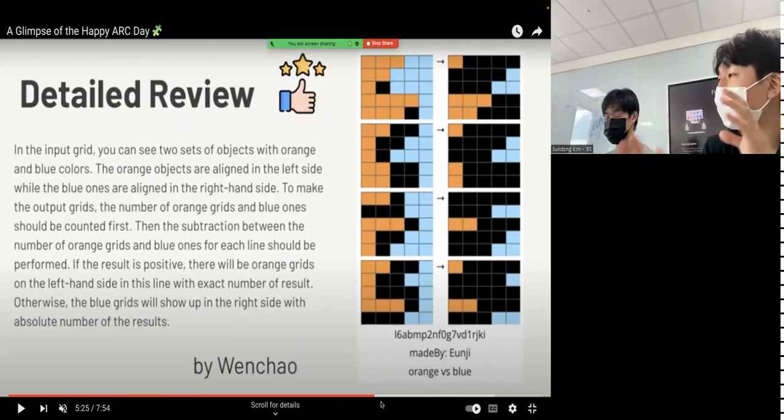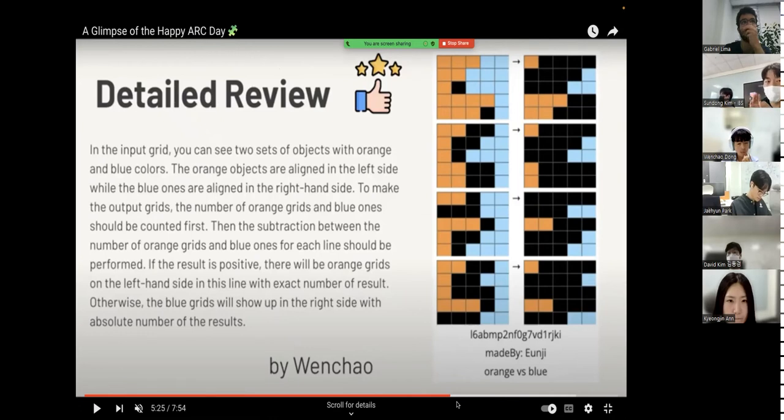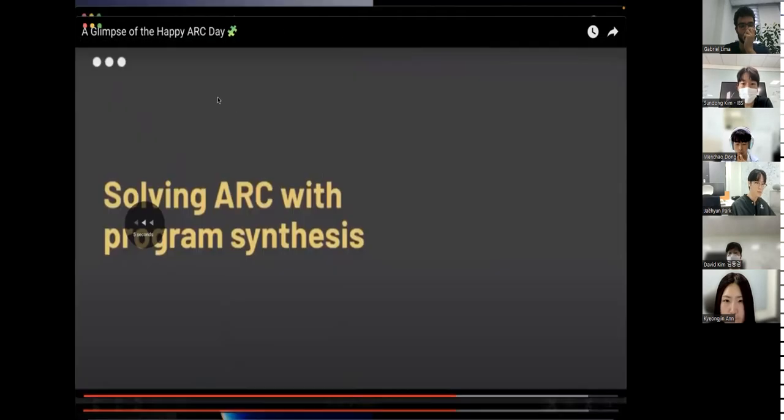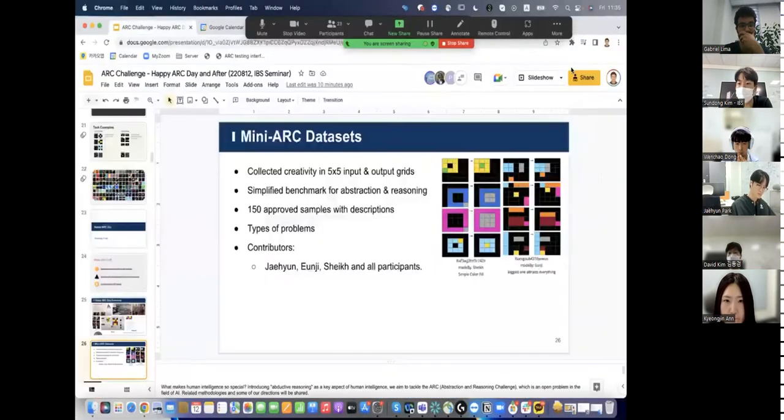Words can be explained in different ways, and most humans can understand a word by looking at the examples, but maybe an AI model cannot. That is the main difficulty of using these descriptions to generate programs that can solve these tasks. So I'll move back to my slide.